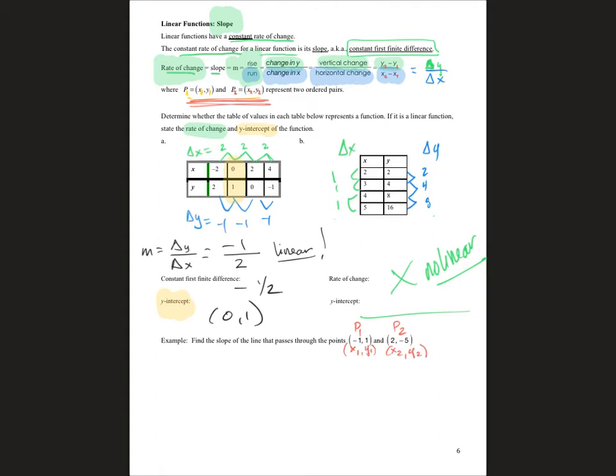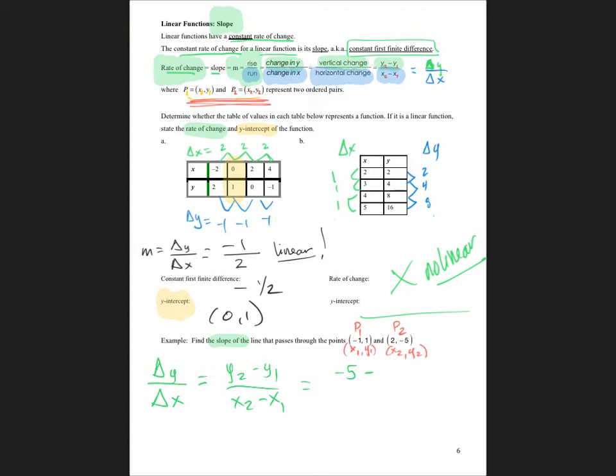So if I wanted to find the slope of the line that passes through those 2 points, all I'm going to have to do is calculate my change in y over my change in x. So that means y2 minus y1 over x2 minus x1. So what was y2? y2 is negative 5.